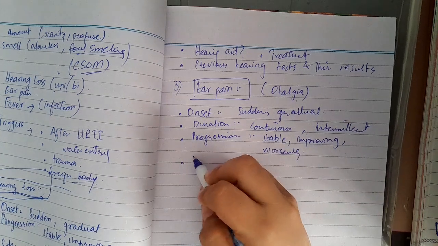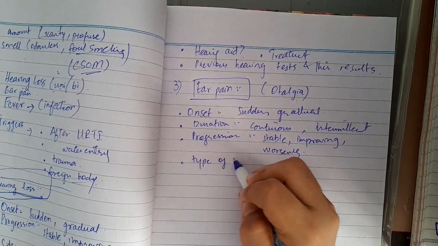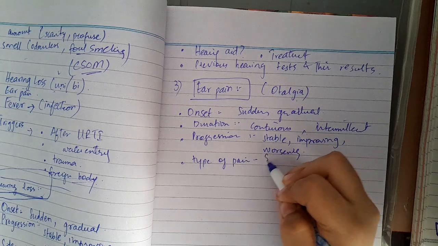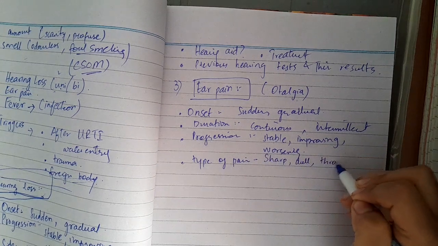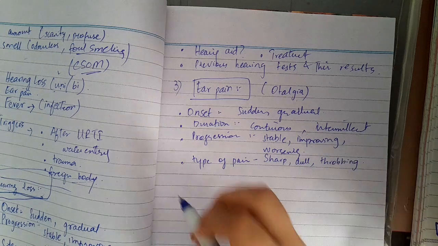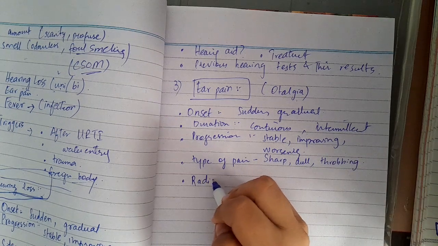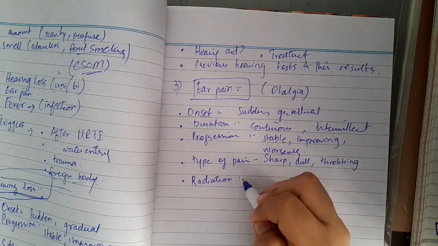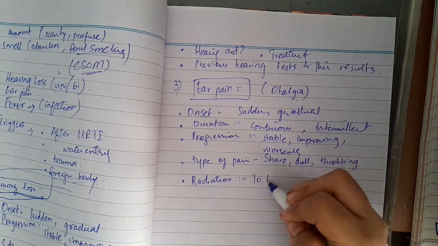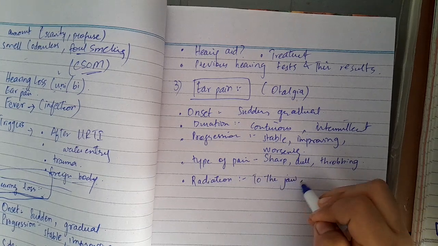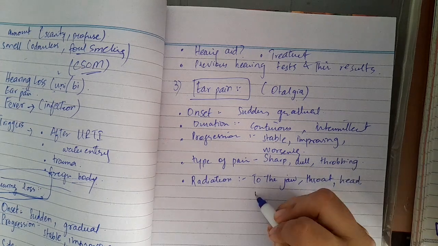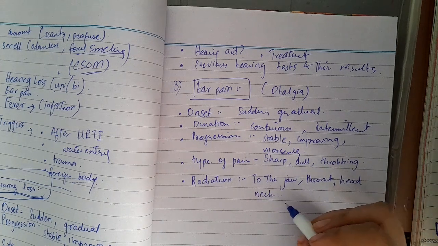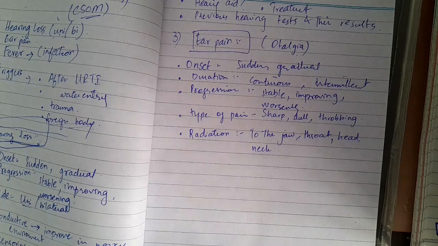Next you will ask about the type of pain. Is it sharp, dull, or a throbbing pain? You will ask about the radiation. Where does the pain go except the ear, that is to the jaw, throat, head, neck, or any other area of the body, wherever you feel pain whenever you have ear pain.